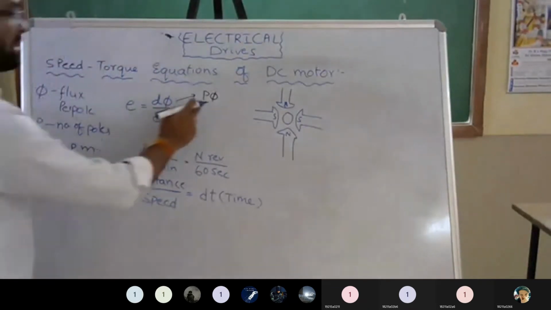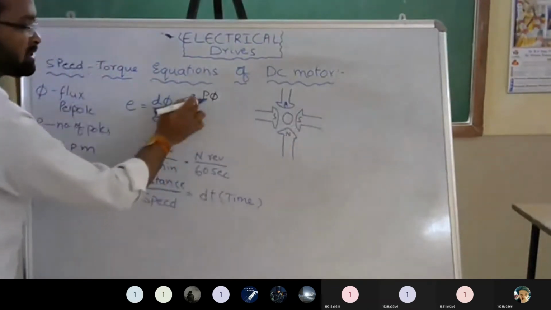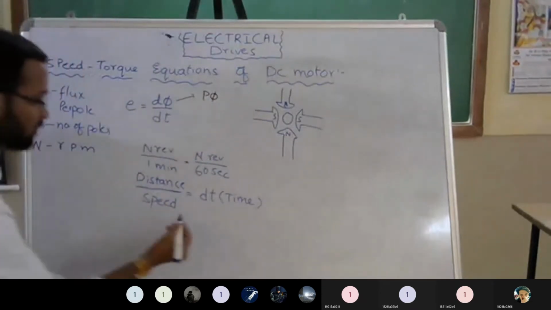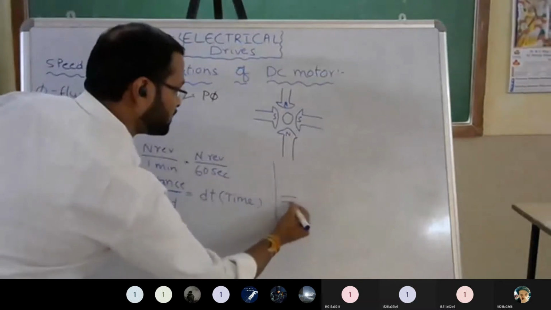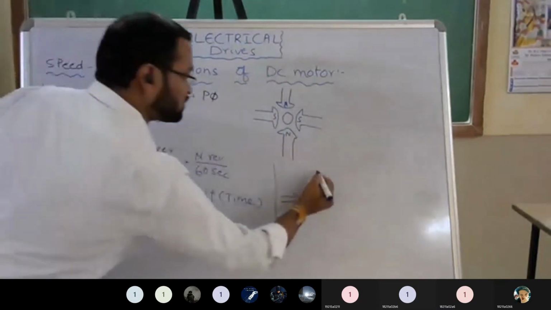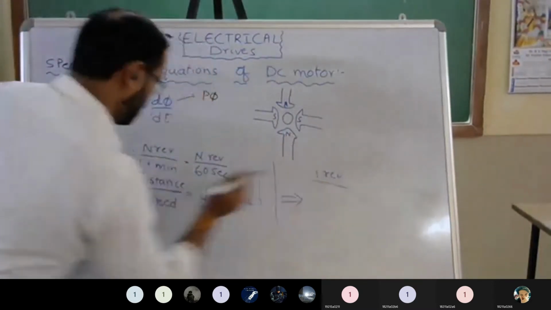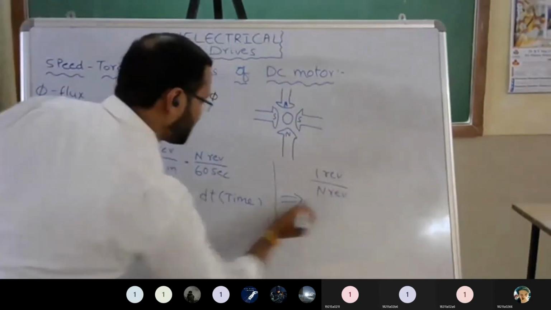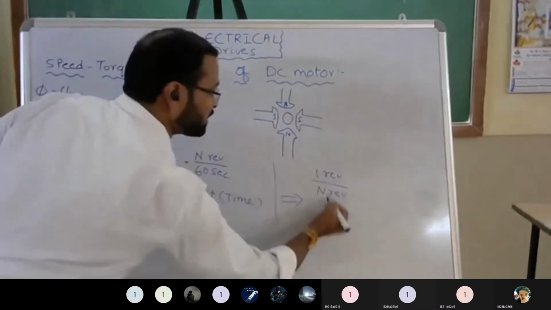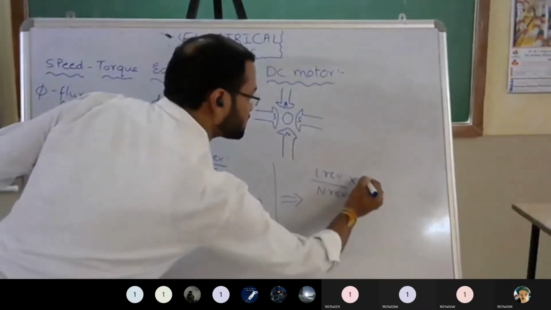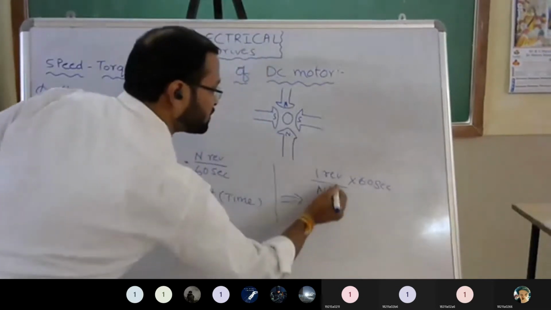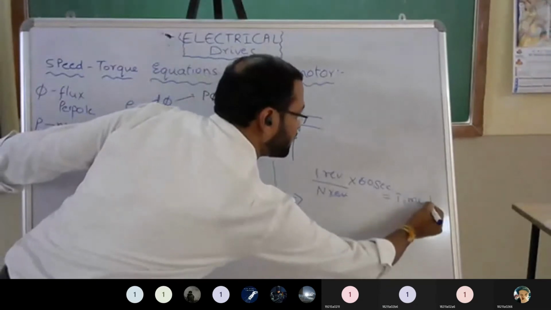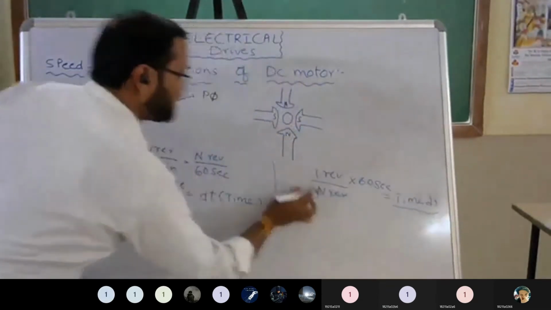P phi is the change in flux for one revolution. So how much time will it take? Distance means one revolution. Speed is N by 60 revolutions per second. So revolutions cancel, and dt is equal to 60 by N.